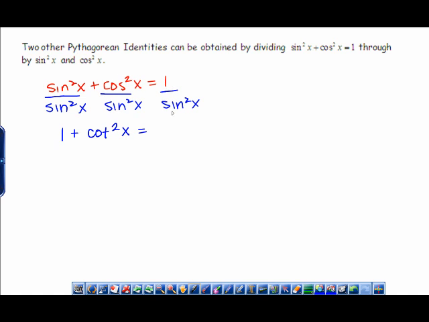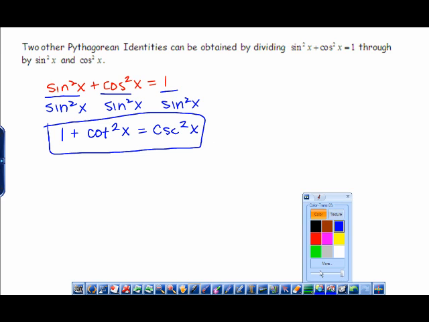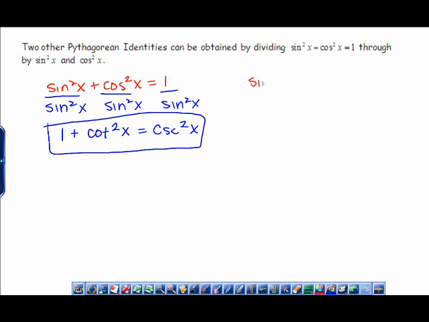And the reciprocal of sine is cosecant, so this just gives me cosecant squared x. And this is another identity, and it can be rewritten like how I rewrote the other identities, where I make it equal to 1. We're not going to write all that down because it's just going to get a little messy for today, but let's go ahead and find the other identity.